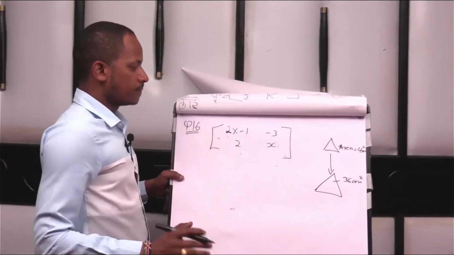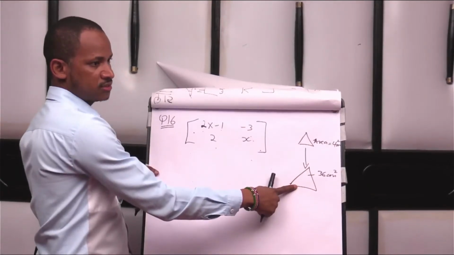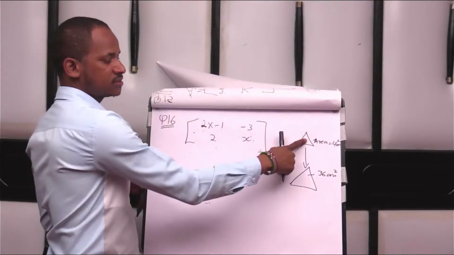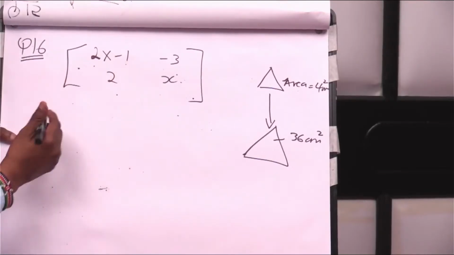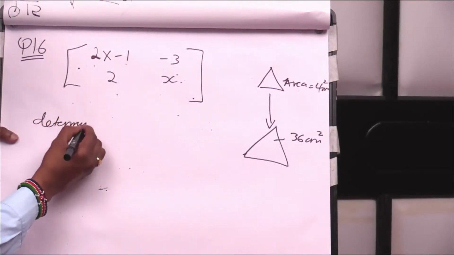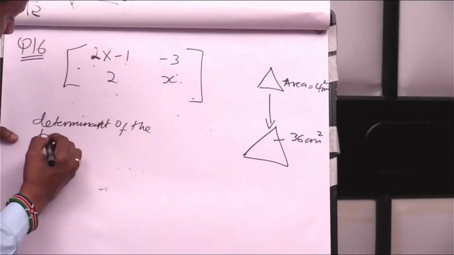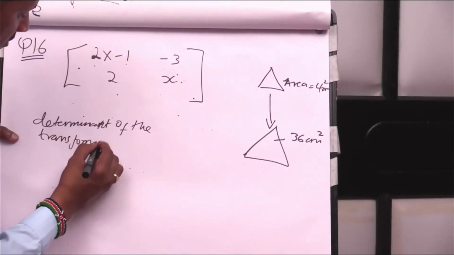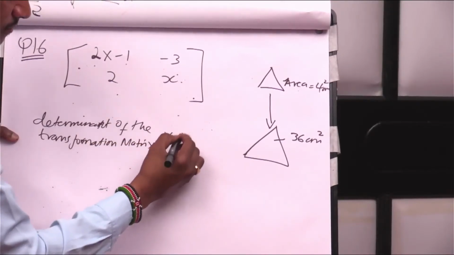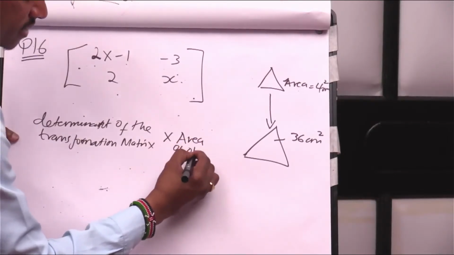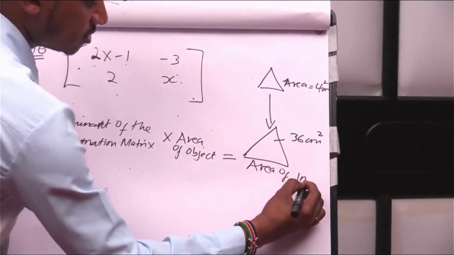So this is simple. We have a transformation matrix that transforms this object into this image. Therefore, the determinant of the transformation matrix times the area of the object equals the area of the image.